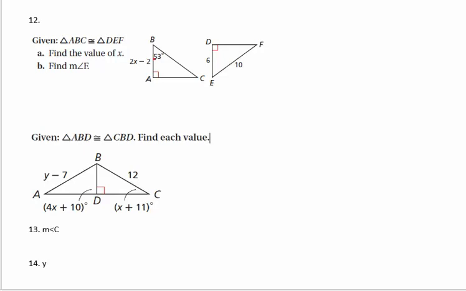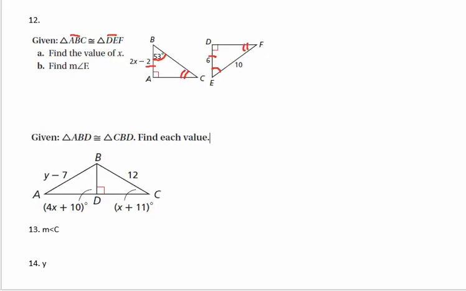Angle B will be congruent to angle E, mark those, and angle C will be congruent to angle F. We also know some side lengths are going to be congruent. Side AB will be congruent to DE, and that would be enough to write our equation to find the value of x.